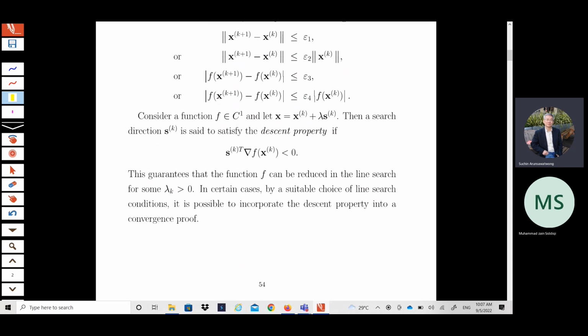There is a definition that we will refer to very often, called the descent property. A search direction is said to satisfy the descent property if sk transpose grad f(xk) is negative.